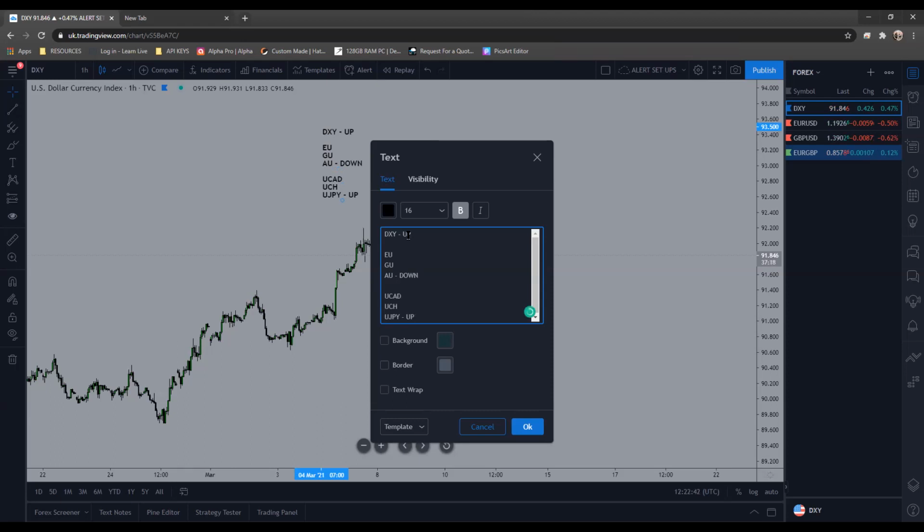Okay. Now, if the dollar index is going down, Dixie is going down, then your AU, EU, GU are going to go up. Okay, because dollar's weakening. That means then your UCAD, UCHF, and UJPY are also going to be going down with the dollar.